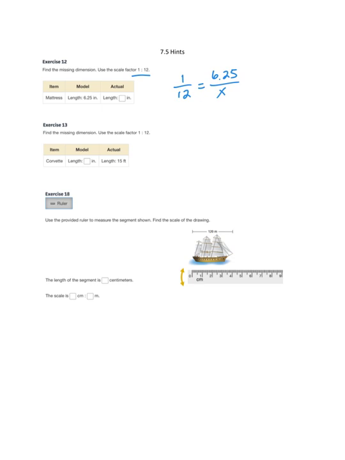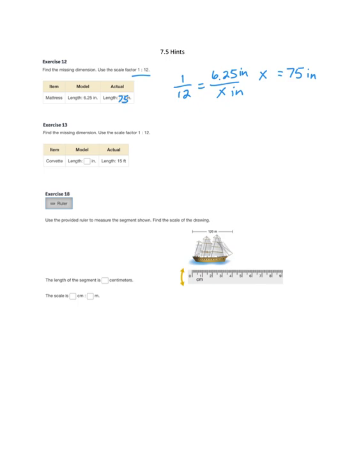We're going to use cross products, so 1 times x is x, and 12 times 6.25, I'll use my calculator here, 12 times 6.25 is 75. Now, if this was 6.25 inches, then I'm solving for x in inches as well. So what I'm saying is that the actual mattress is 75 inches. And this one, because it asks for it in inches, I'm done.